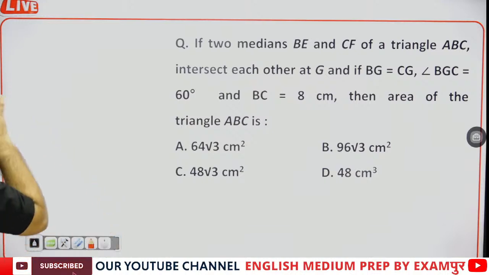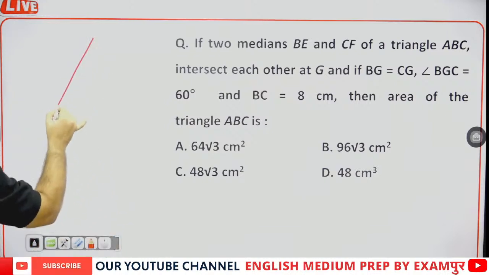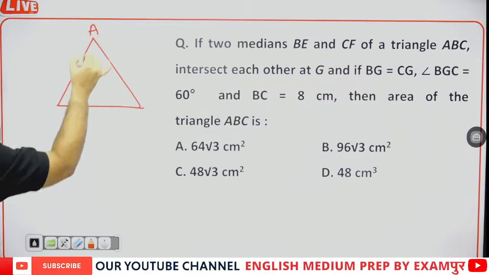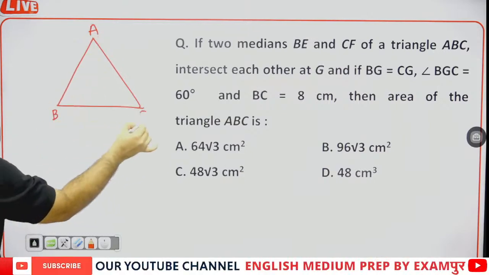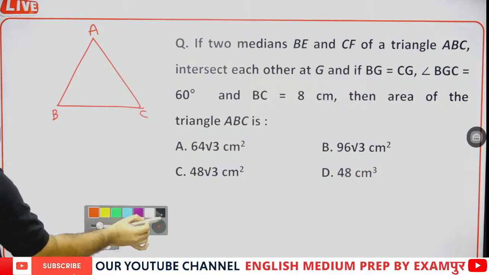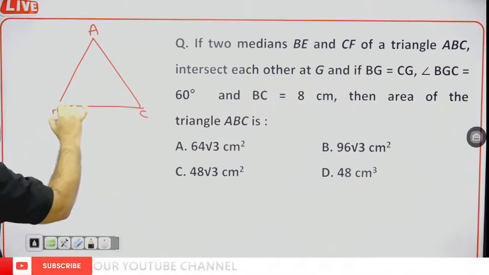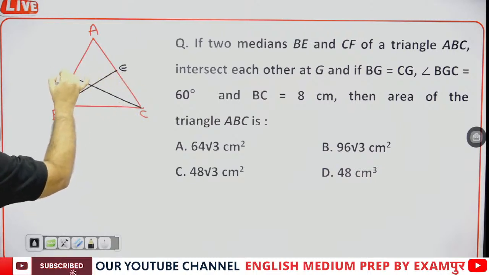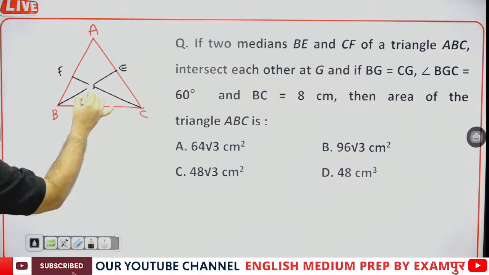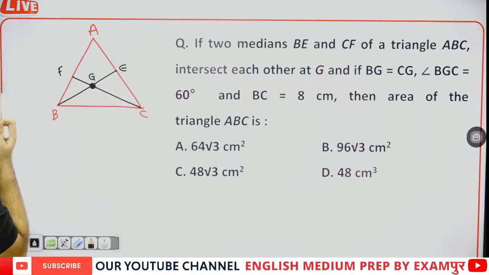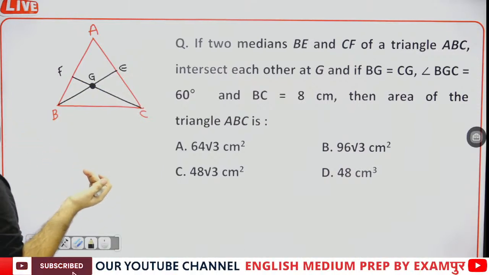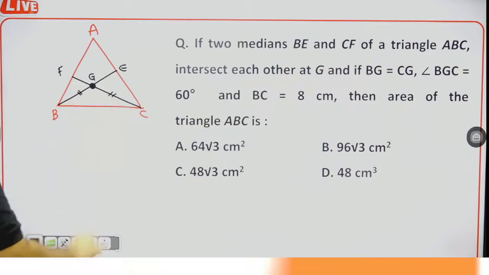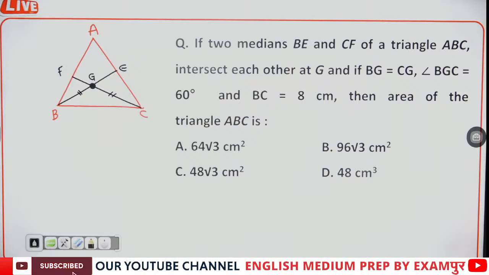Two medians of triangle ABC, BE and CF, intersect at G. BG is equal to CG. Very good, that's a good point, BG is equal to GC.